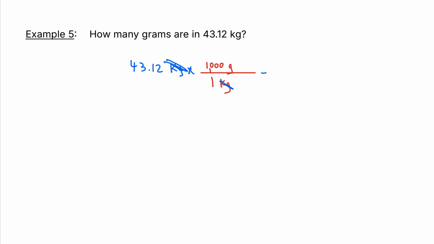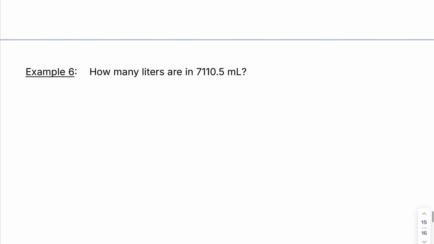And now we're left with 43,120 grams. Okay. Even though I said it correctly, I wrote it wrong. My apologies. 43,120 grams. Okay, and let's move on to our last example.